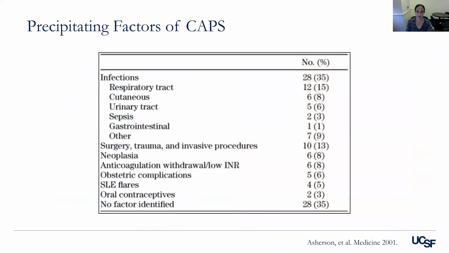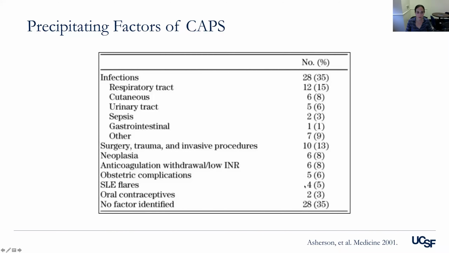So precipitating factors of CAPS are important to keep in mind, both in terms of identifying factors that you could intervene on in a patient that has CAPS, and also scenarios in which you would have a heightened suspicion for this. So infections have been shown to be precipitating factors in about a third of patients, surgery and other invasive procedures in about 13%.